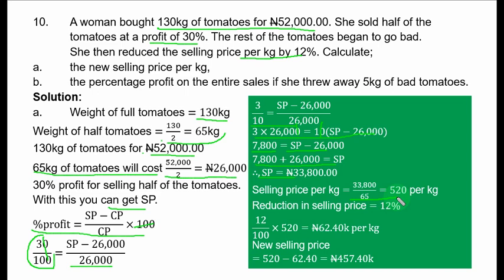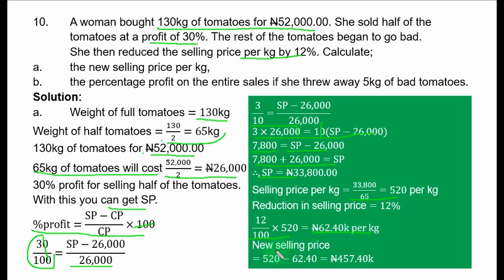The seller reduced this selling price by 12%. So you calculate 12% of 520 in this form, and that gives 62.40 per kg. That is 62 naira 40 kobo per kg.